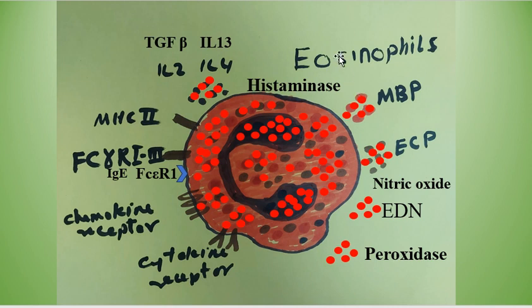Also, eosinophils produce cytokines, and these cytokines also have specific receptors.